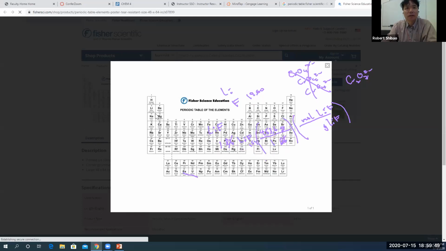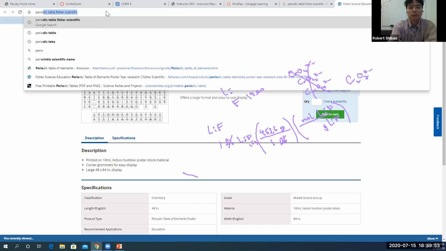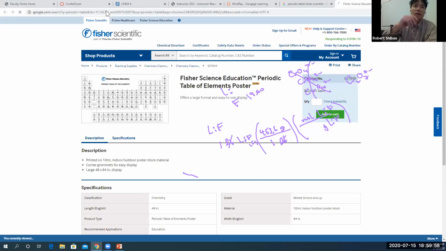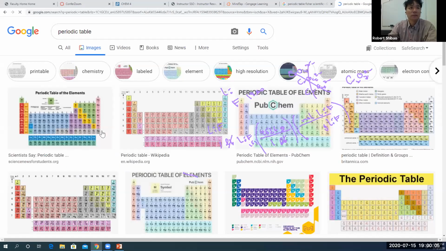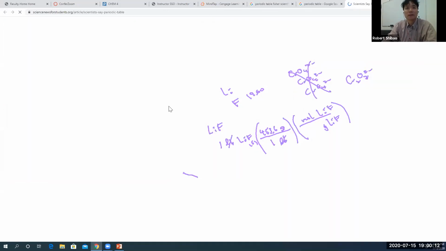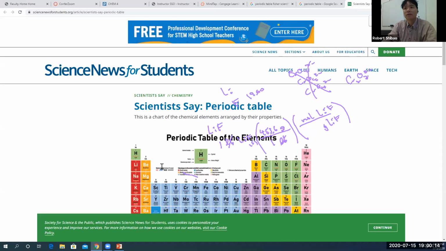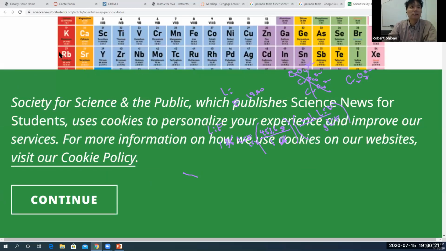A good periodic table is good to have handy. I have a periodic table app on my phone. They're free, you can get it too. Hopefully this one doesn't give me a whole bunch of other junk. We could just look up the average mass of lithium. I can't read it.